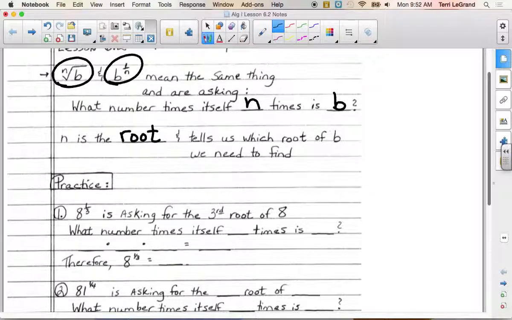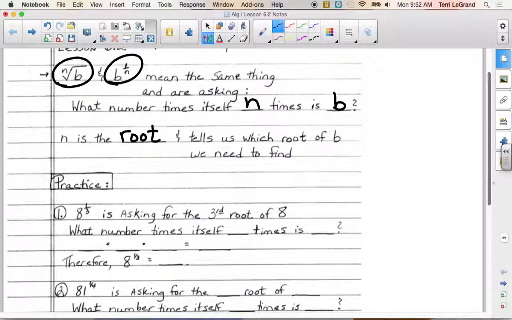We're most familiar with finding the square root of something up to this point, aren't we? And what's the square root of 9? 3. Square root of 81? 9. So you know how to find the square root really easily, don't you? So what would n be in the square root situation? 2. Square root means find what number times itself twice gives you what you're finding the square root of.